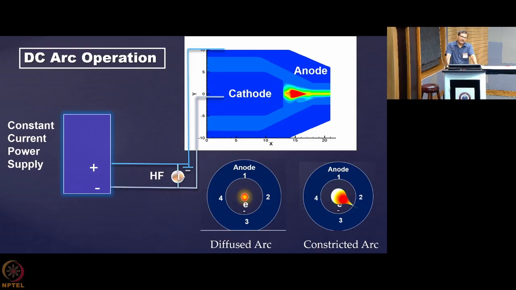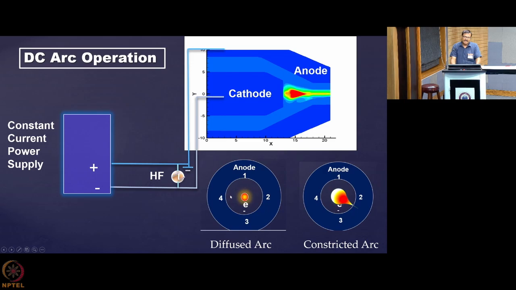But when you are thinking of a large number of electrons, of the order of 10 to the power 20, 10 to the power 22 particles per meter cube, then each of them has equal probability to go to 1, 2, 3 or 4. Finally, you will see that almost the same number of electrons are equally distributed along the periphery of this anode.